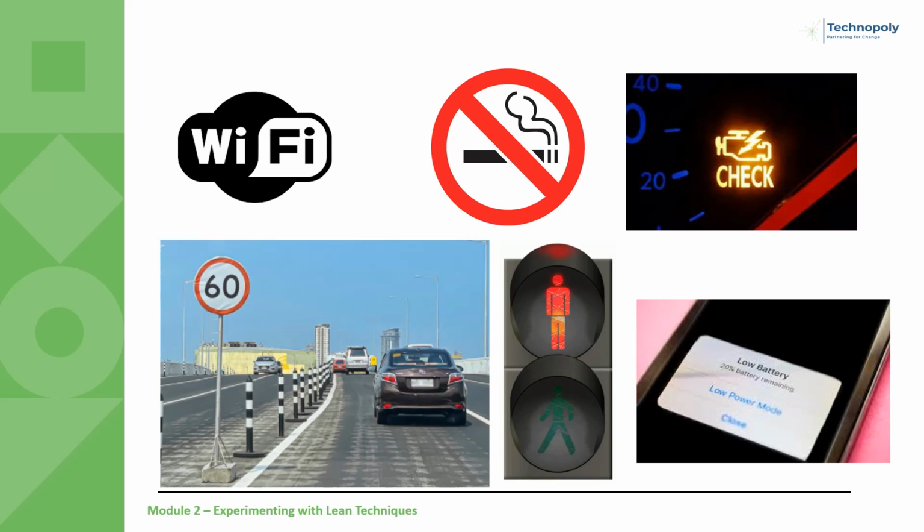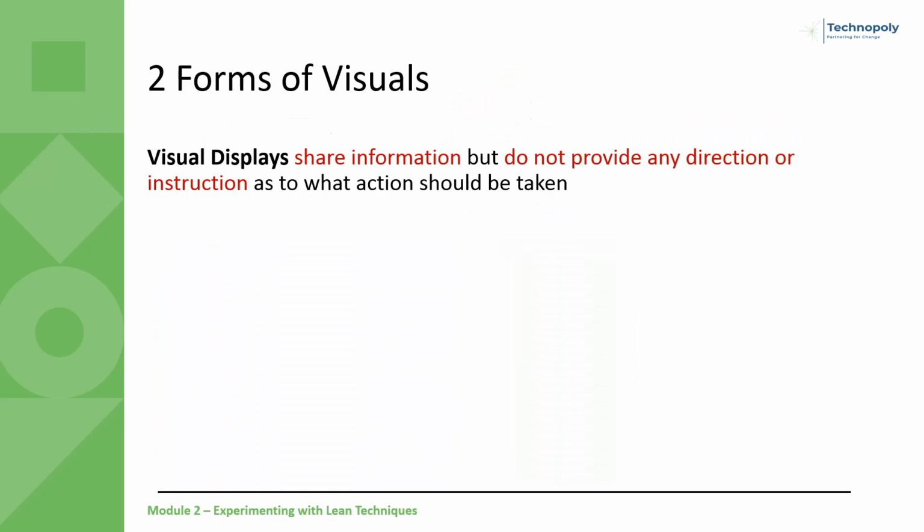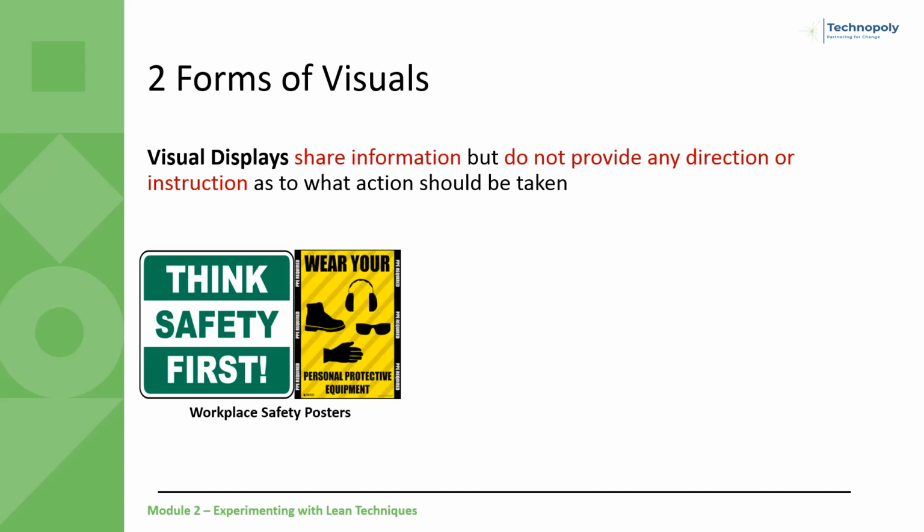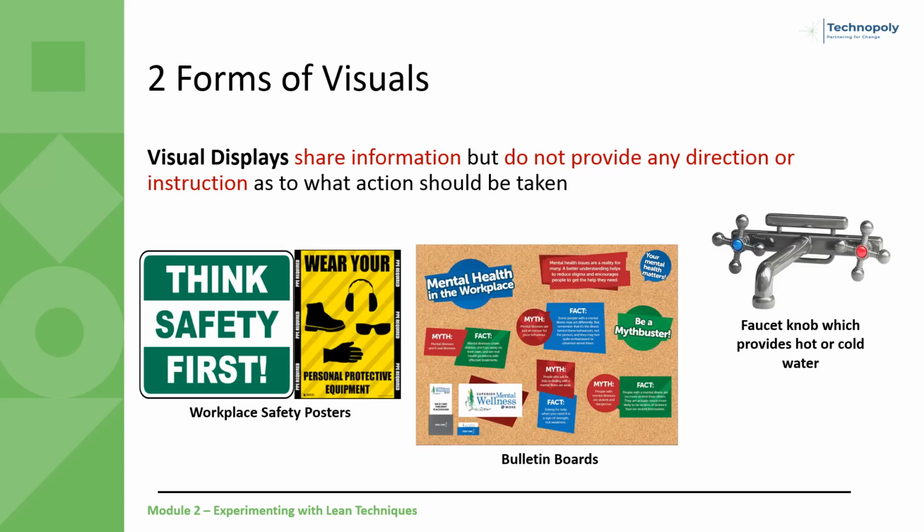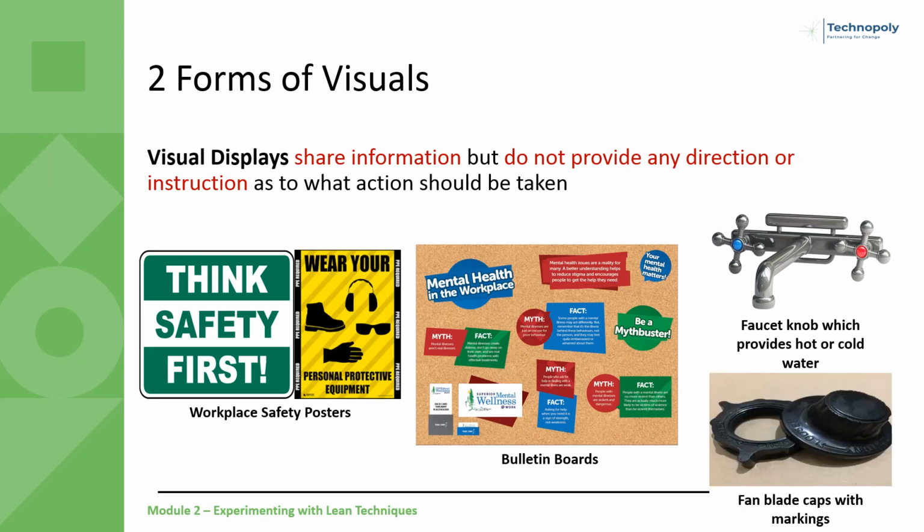So what are the different forms of visuals? Visual displays convey information by means of posters, diagrams, maps, and signs. They share information but do not provide any direction or instruction as to what action should be taken. Some of the examples are workplace safety posters, bulletin boards, faucet knob which indicates hot or cold water, and fan blade caps with markings.